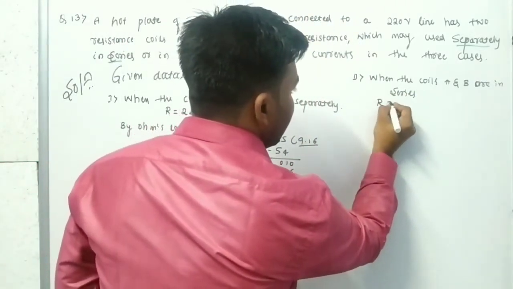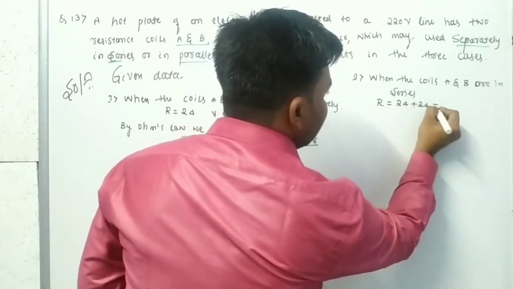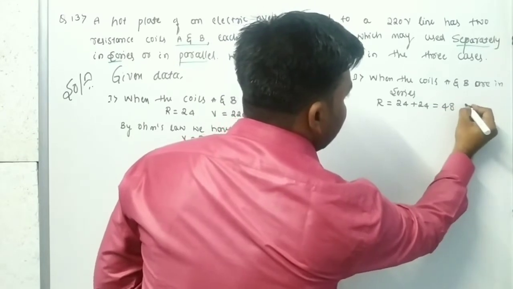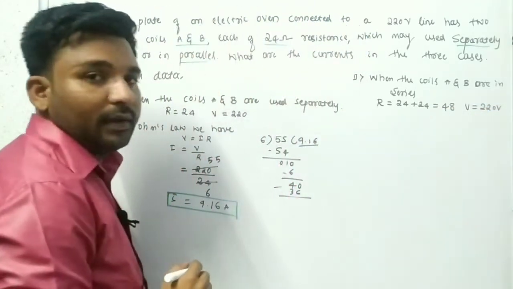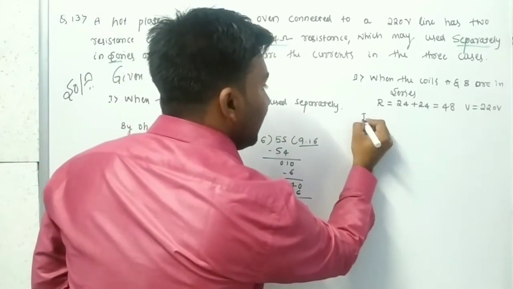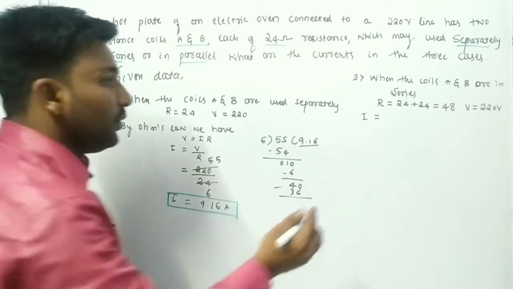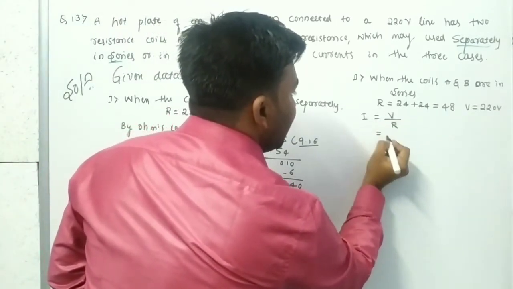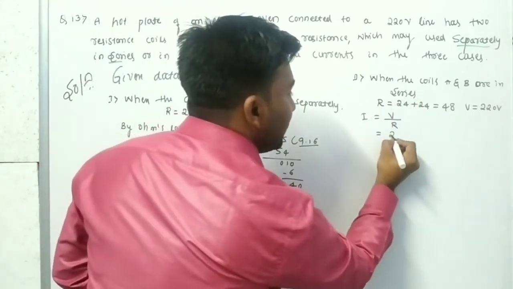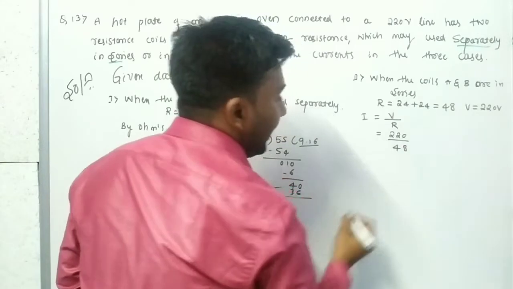The resistance is 24 plus 24, which is equal to 48, and the voltage is 220 volt. Now the current, according to Ohm's law, is V divided by R. V is 220, and R is 48.